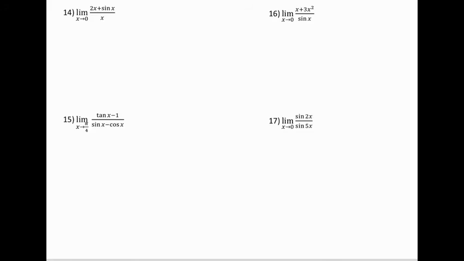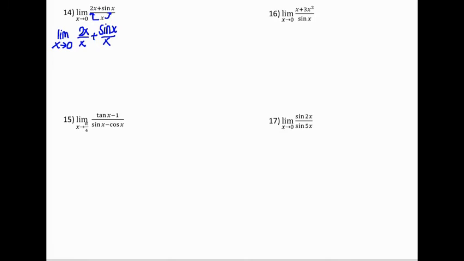Number 14, the limit as x goes to 0 of 2x plus sine x over x. Again, we've got to be careful about algebra. I cannot just blob out this sine x over x because you cannot group this through addition, just like you can't cancel through addition. So I have to split this up. Since we're dividing both terms by x, it's dividing the sine x and the 2x.